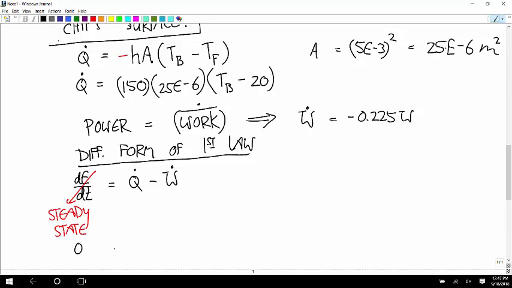And so 0 is equal to, now we have this form of Q dot. So we got that it's negative 150 times 25. So we can write this as negative 0.00375 TB plus 0.075.